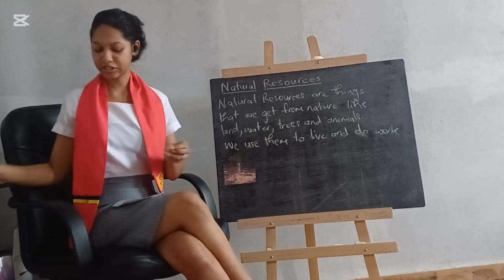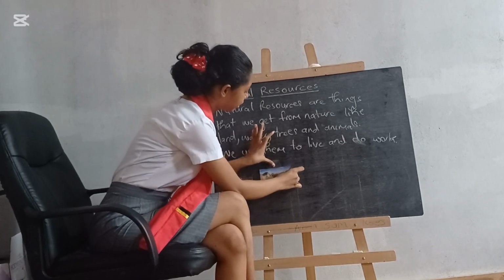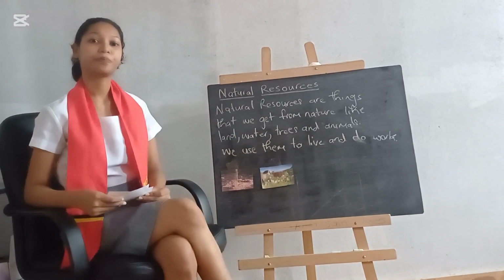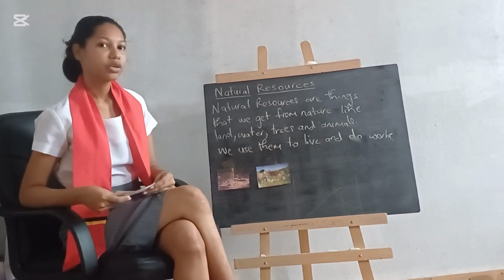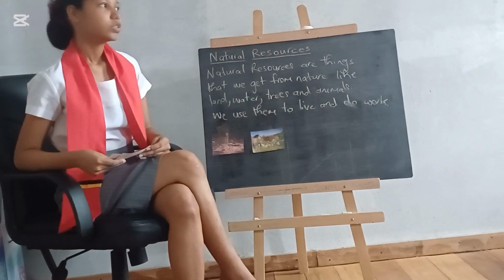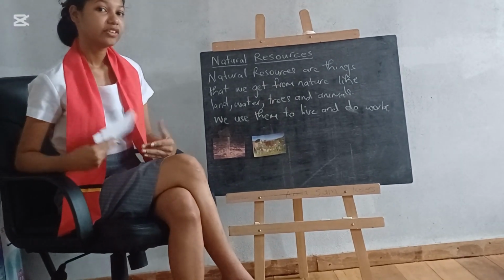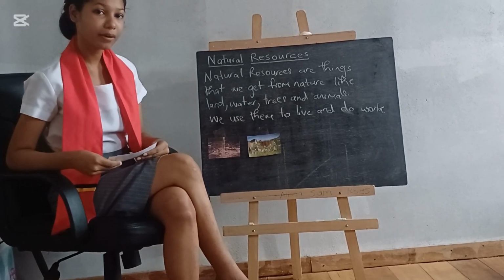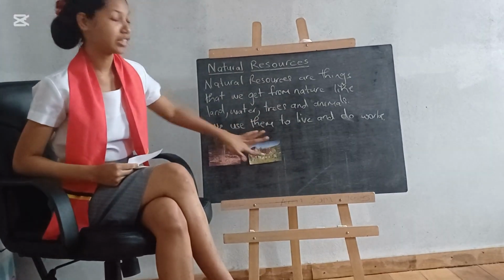We use these for food. We use these to help make work easier. Horses, donkeys. So we also use chicken and fish for food. We use sheep for clothing. Yes, you're all correct.